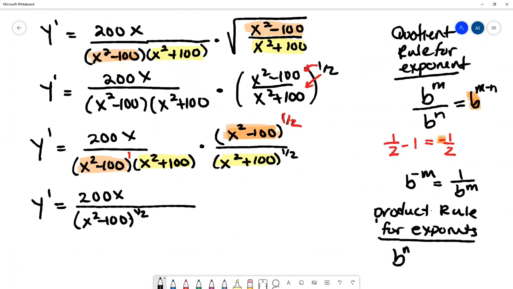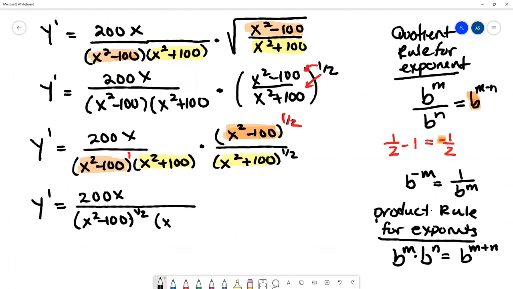If you have b to the m times b to the n, this is where you are multiplying with the same base. That's why it's called the product rule. And this is also an algebra property.